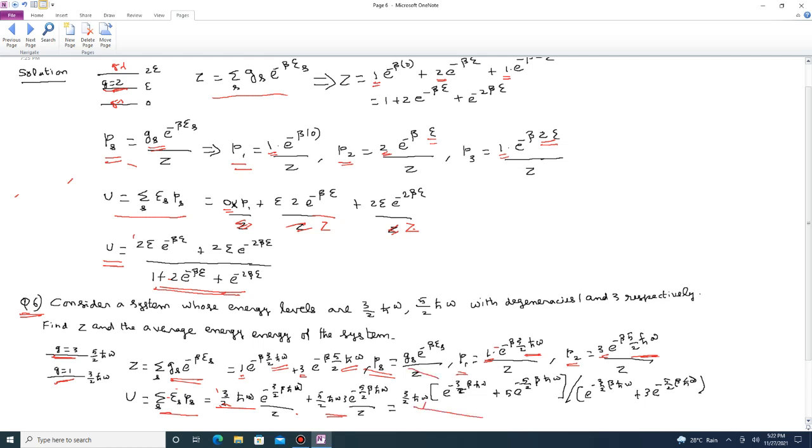The 3/2 h-bar omega is a common factor. Taking it outside, the numerator is e^(-3/2 beta h-bar omega) plus 5 e^(-5/2 beta h-bar omega), and the denominator is e^(-3/2 beta h-bar omega) plus 3 e^(-5/2 beta h-bar omega).